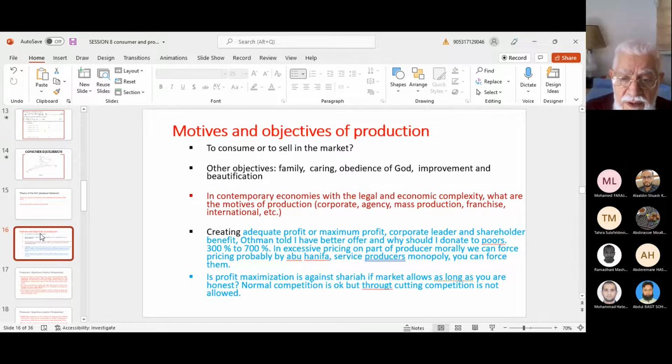And of course, competition would put a check on this kind of maximization, will force you to be more efficient, will force you to reduce your price to the lowest possible level. And of course, competition will force you also to lower your profit.